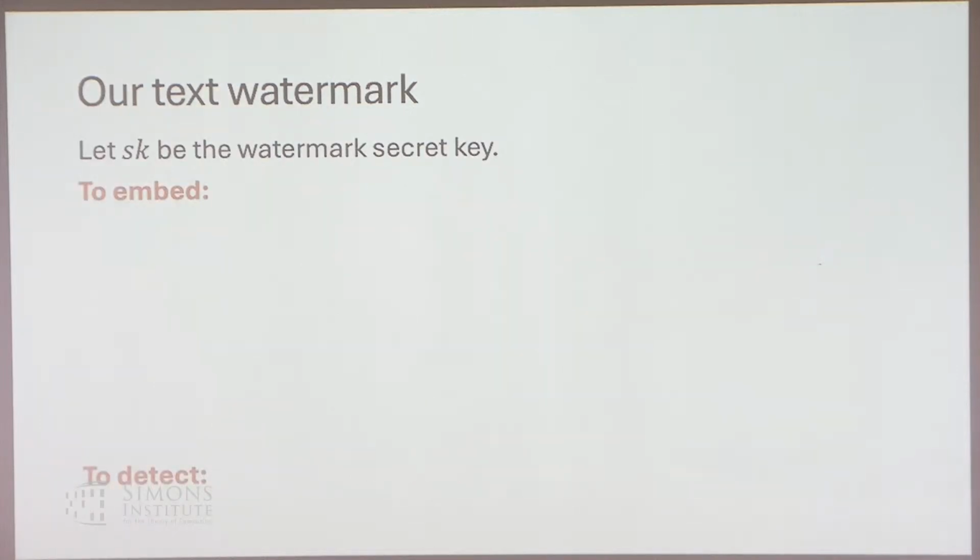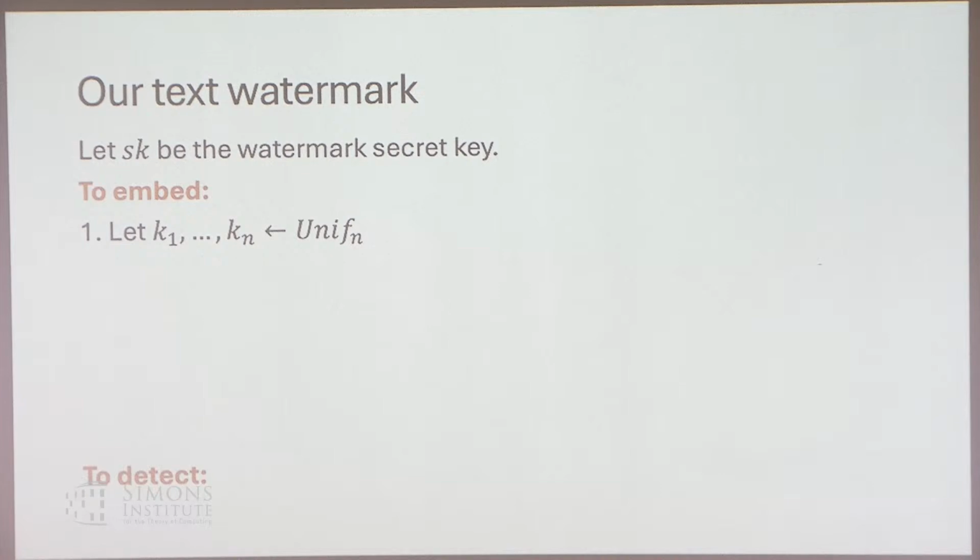So the way that our text watermark works is, again, just by modifying the sampling process. And what I'll do is first describe an equivalent way of thinking of the standard sampling process that a regular LLM uses, and then I'll show you how we modify it to embed our watermark. So you can think of an unwatermarked LLM as sampling from its probability distribution as follows.